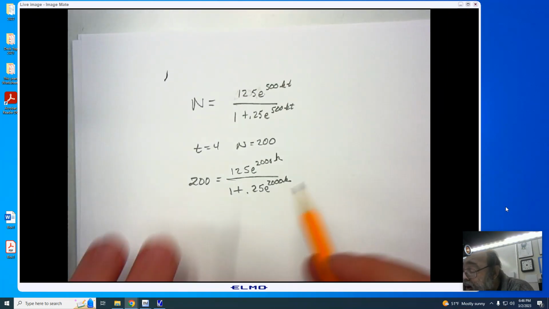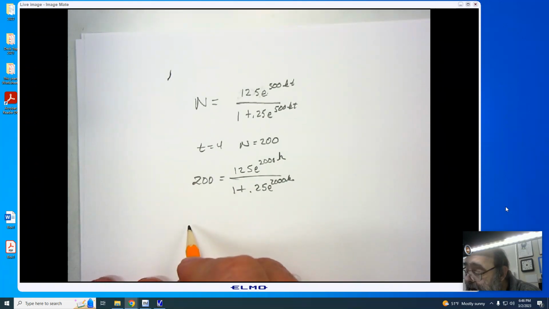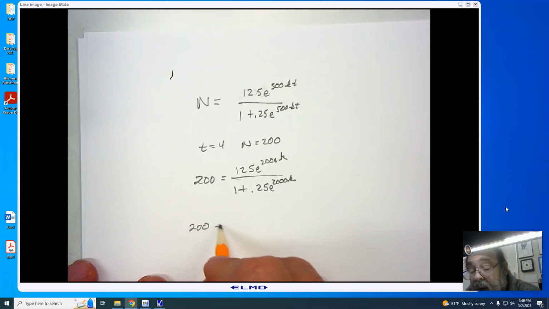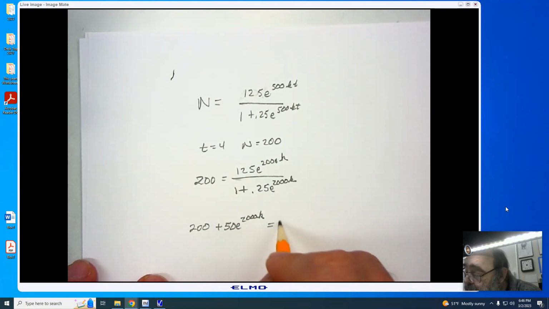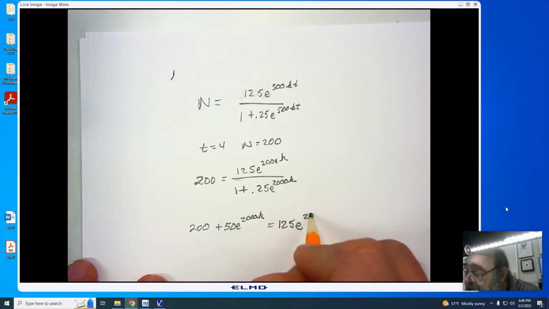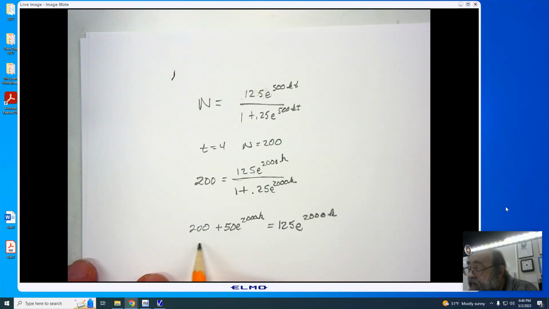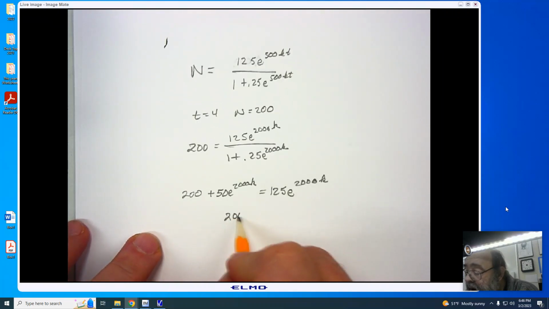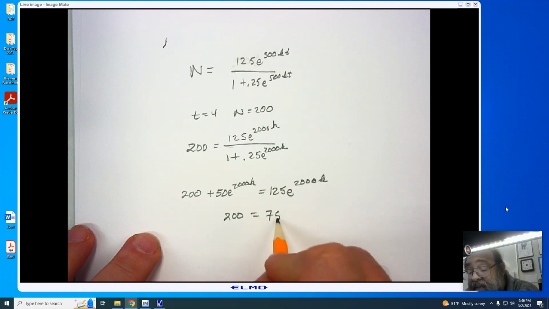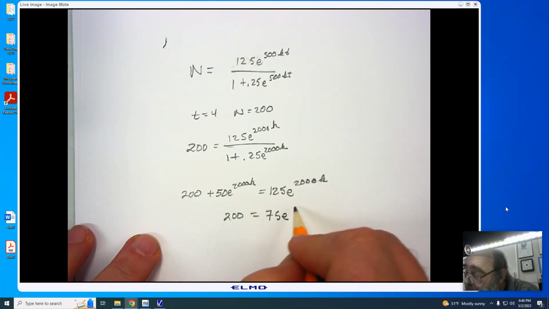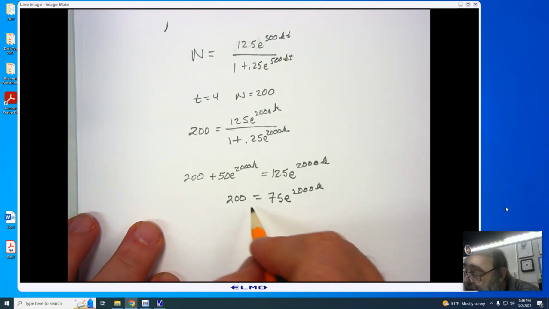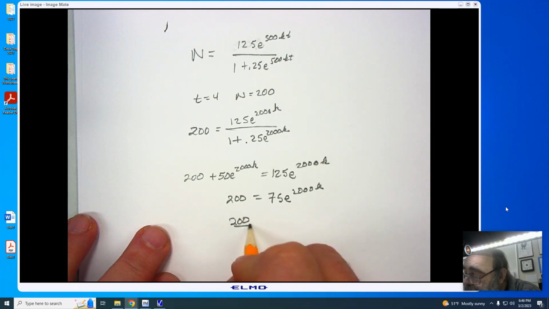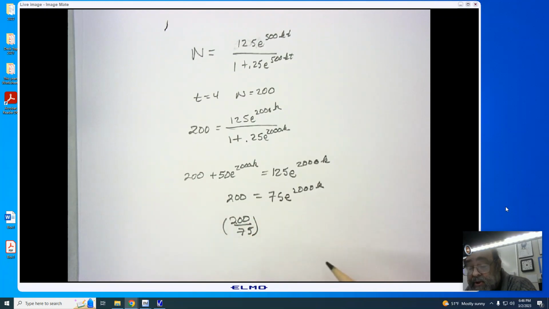Now, as we do this, we're going to have to cross multiply again, so we end up with 200 plus 50e to the 2000 k is equal to 125e to the 2000 k. I'm going to move this over and subtract, and I get 200 is equal to 75, and it is e to the 2000 k. Dividing, I'm going to end up having 200 over 75, and if you wish, you can reduce that, or you can change it into a decimal.